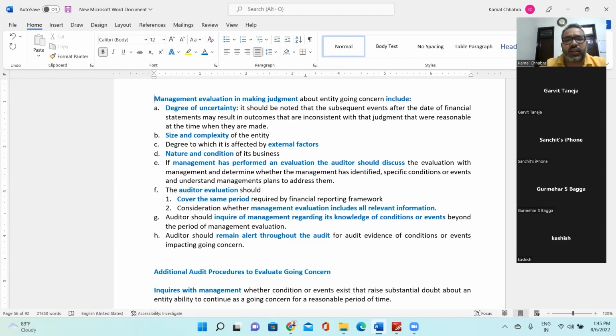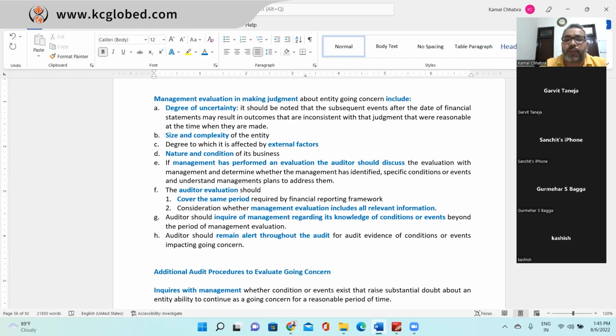The degree to which it is affected by external factors. For example, if most of your operations are based on import or maybe export, how is the external economic environment impacting your business, right? Nature and condition of the business.